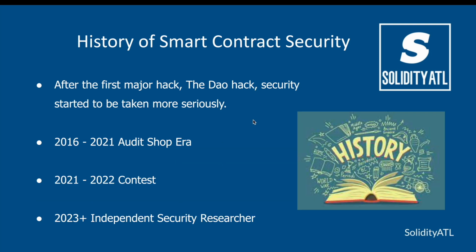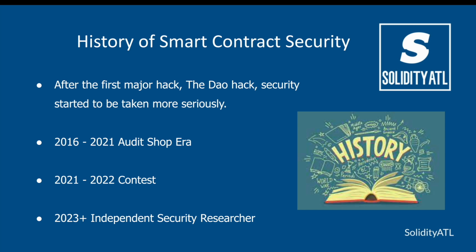So it's important to understand a little bit about the history of smart contract security and understand at least the eras that we have been in the Web3 space. After the first major hack, the DAO hack, security started to be taken more seriously.